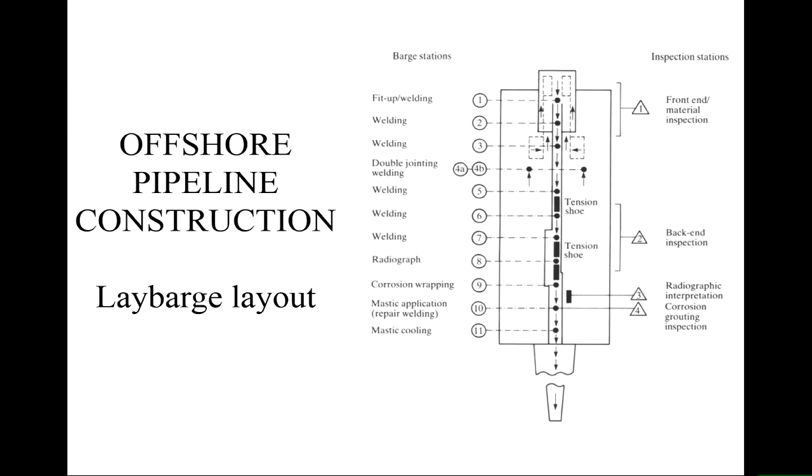At that point, you decide, do I have to repair? If you repair, you clamp and you stop and you repair at that particular point. When you're happy that the repair is okay, you radiograph, ultrasonic again, then you let it go back. Then corrosion wrapping, and if you've had to repair, maybe mastic application on the actual weld, mastic cooling. By the time it gets to the stinger at the back here, you hope that everything has been done.